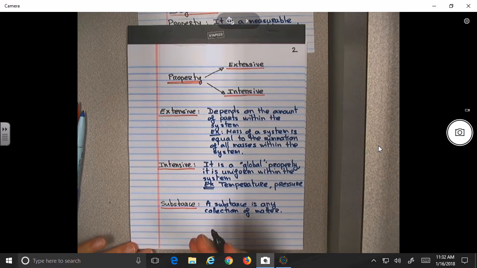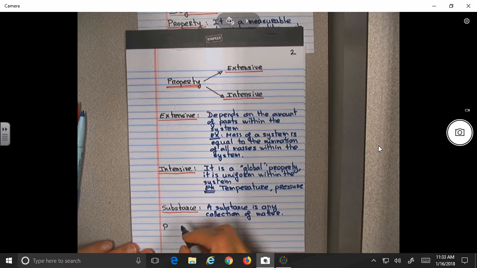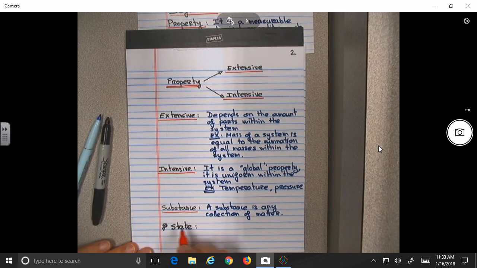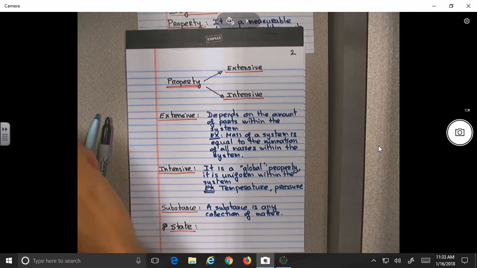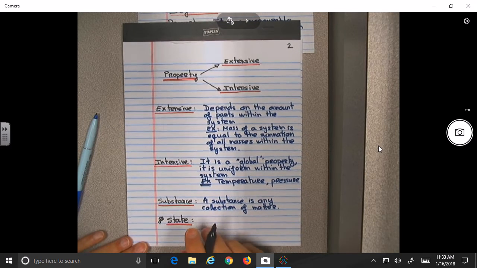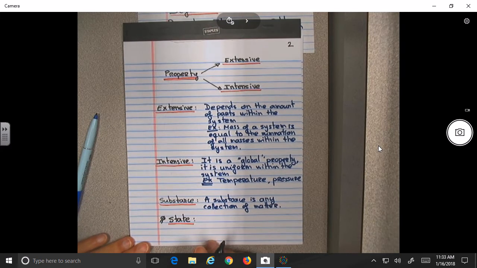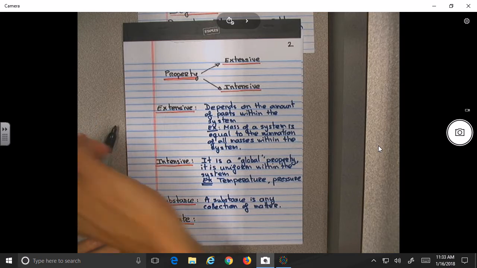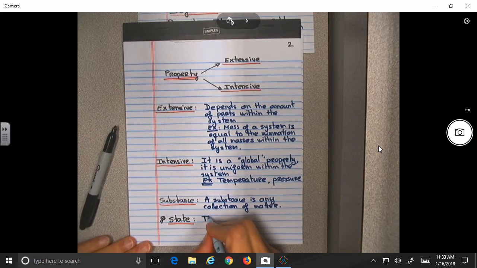And now that we know what a substance is, how do we know the state of a substance? Remember, you just said before, how do you know if the water is liquid, solid, or gas? So what is it?